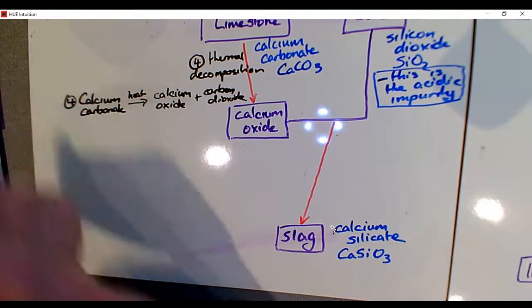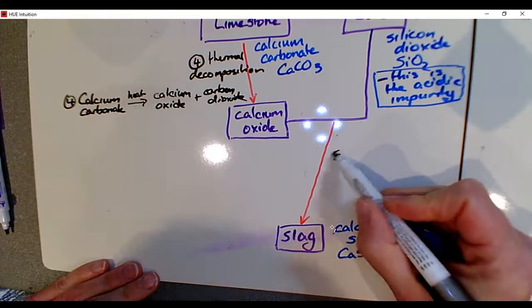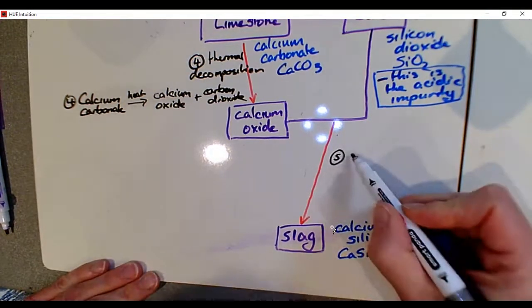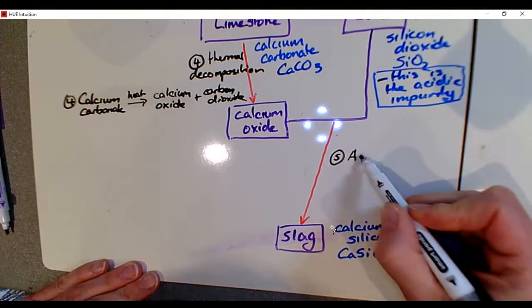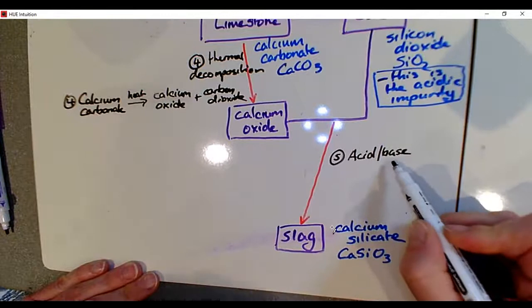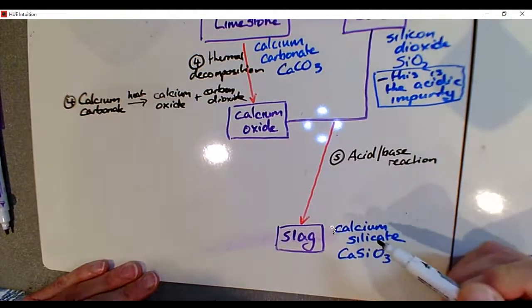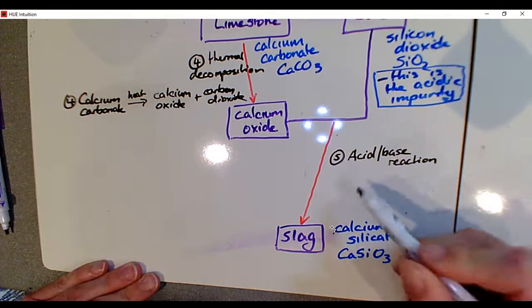Now, the chemical reaction that gives you that. This is our fifth and final reaction. It's an acid-base reaction, or neutralization. I'm reluctant to call it that, but you could call it neutralization.